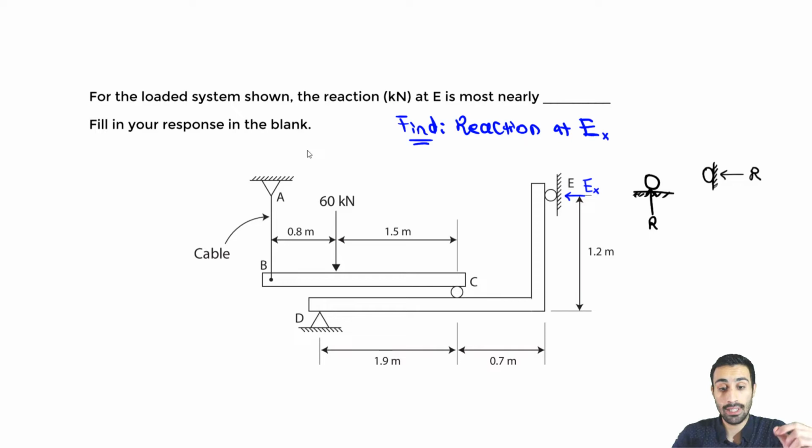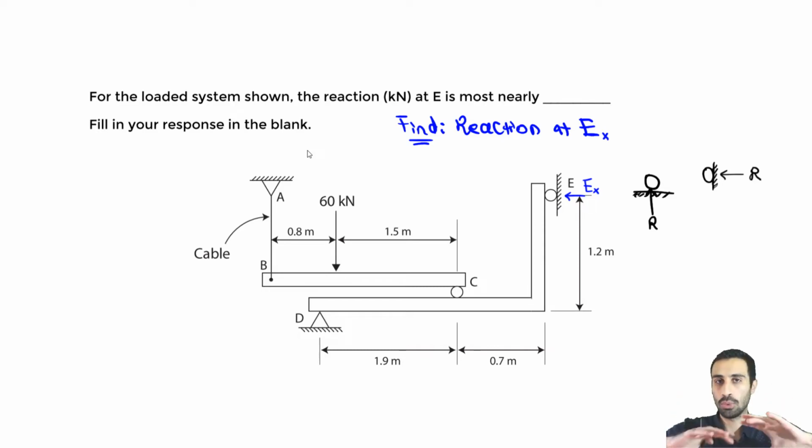What's interesting is that same reaction force is going to hit the L-shaped beam. Then we have an external force due to that reaction at C. It's going to produce some external reactions at D, and it's going to produce an external horizontal reaction at E. And that's the one we want to focus on.